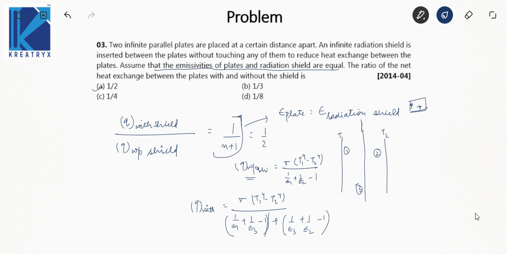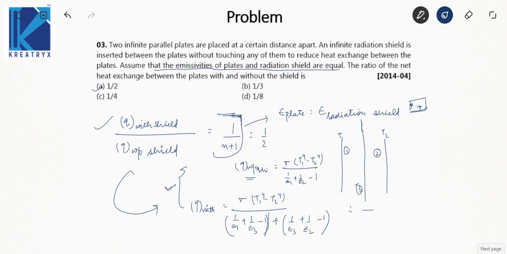I urge you to remember these formulas. Then you have to take the ratio of them. This will get cancelled out, this will get cancelled out, and you will get the corresponding answer. This formula has been derived from these two equations only. So if the emissivity of the plate and the emissivity of the radiation shield are equal, you can apply this formula directly.